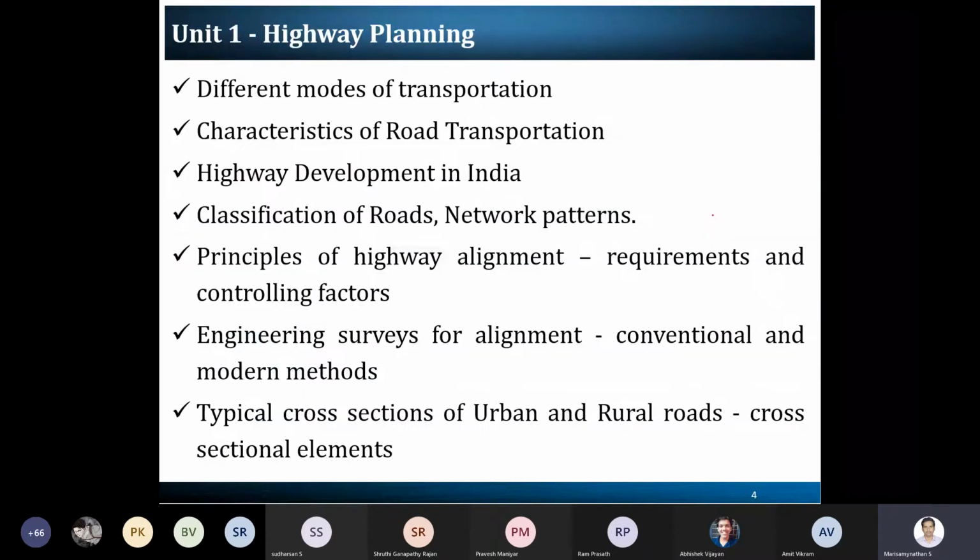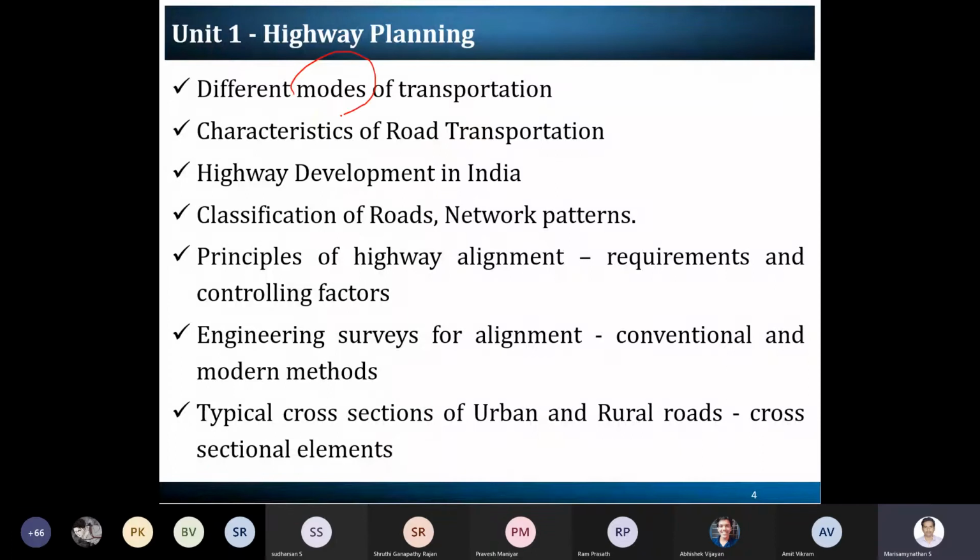So I'm directly moving to the first unit. The first unit is nothing but highway planning, and these are the subcomponents. Each and every component we will see one by one, thoroughly. First we are going to study the different modes of transportation, like airways, waterways, the different modes.